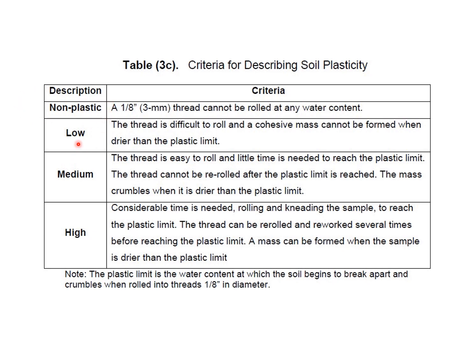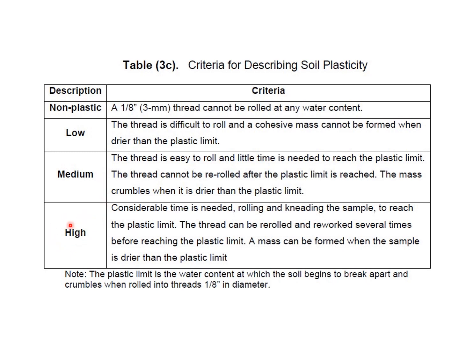Low plasticity, the thread is difficult to roll and a cohesive mass cannot be formed when drier than the plastic limit. Medium, the thread is easy to roll and little time is needed to reach the plastic limit. The thread cannot be re-rolled after the plastic limit is reached. The mass crumbles when it is drier than the plastic limit.